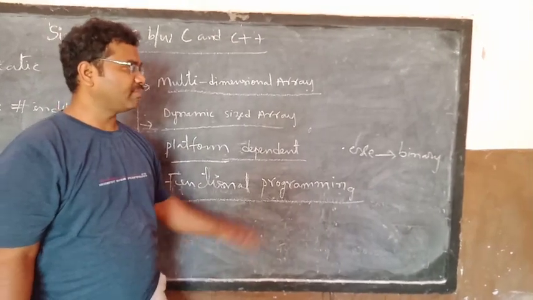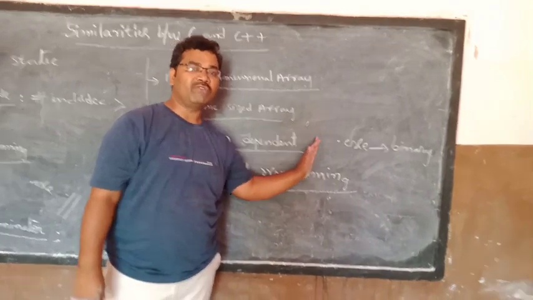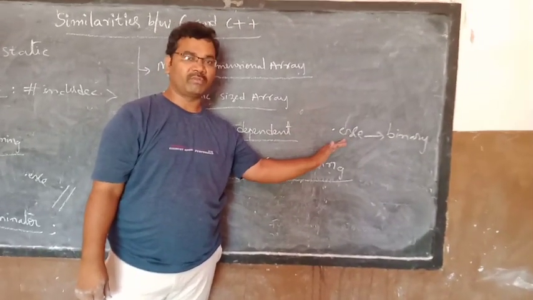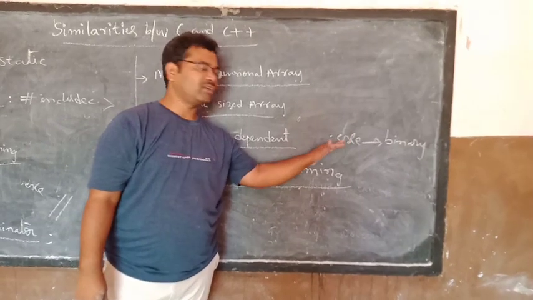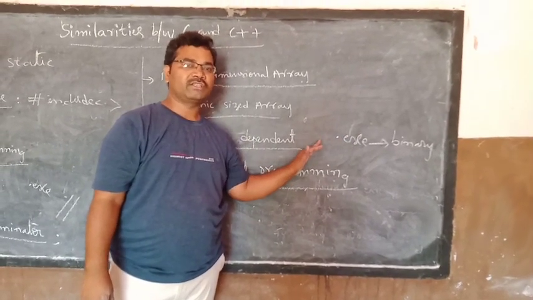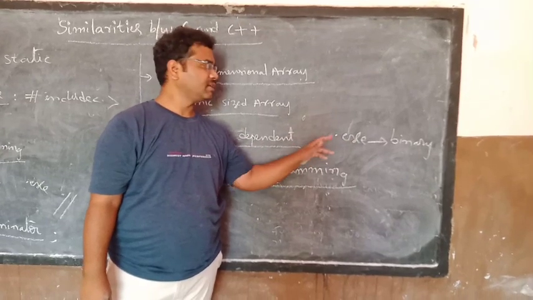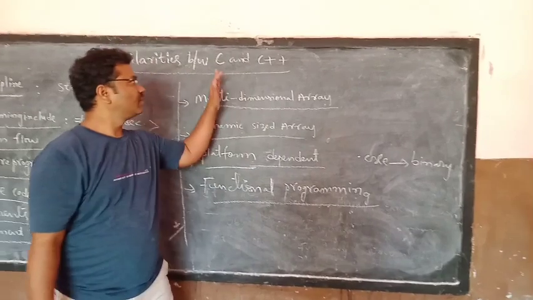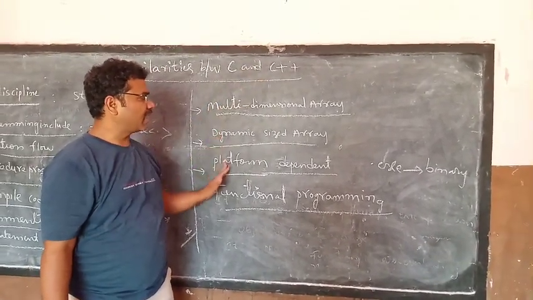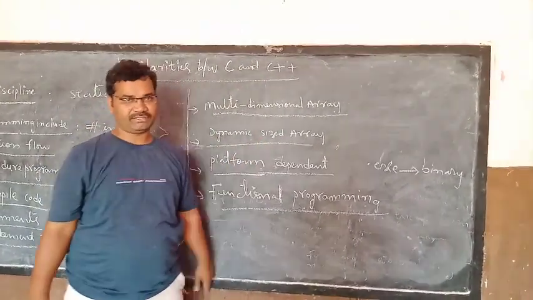That is, the binary code is different from one platform to another. For example, in Windows XP, the generation of binary code is different, and in Unix it is different. So, C and C++ are platform dependent languages.